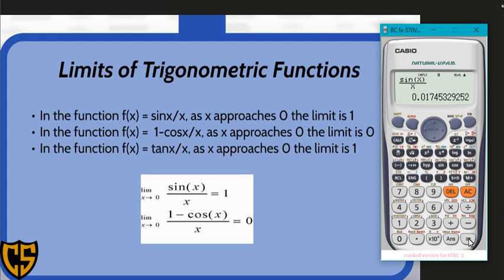So, ang aton answer will not be equal to 1 para sa ginhambal niya diri. But ang aton answer is approaching sang sining mga values. This is because ang aton gigamit diri nga mode sa calculator is degrees.